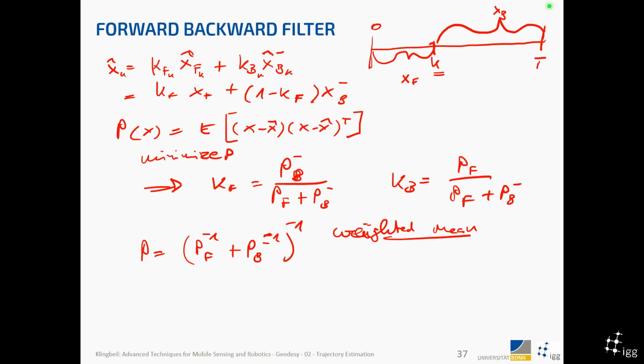So we have to start with an unknown position at the end and with an unknown infinite covariance at the end to make sure that both components are not depending on each other. And this is what you have to make sure. And yeah, so this is a so-called forward-backward filter.